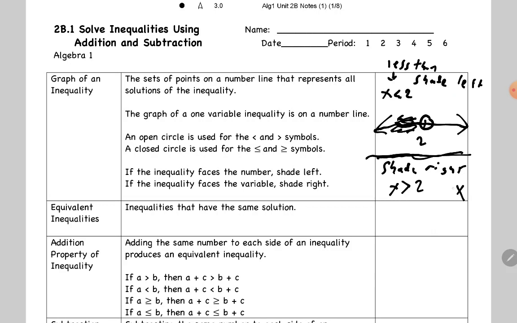And remember, these can be written different ways. This is the same thing, and this is still x is less than 2. This is x is greater than 2. So we would make a number line again, make an open dot and shade to the right.